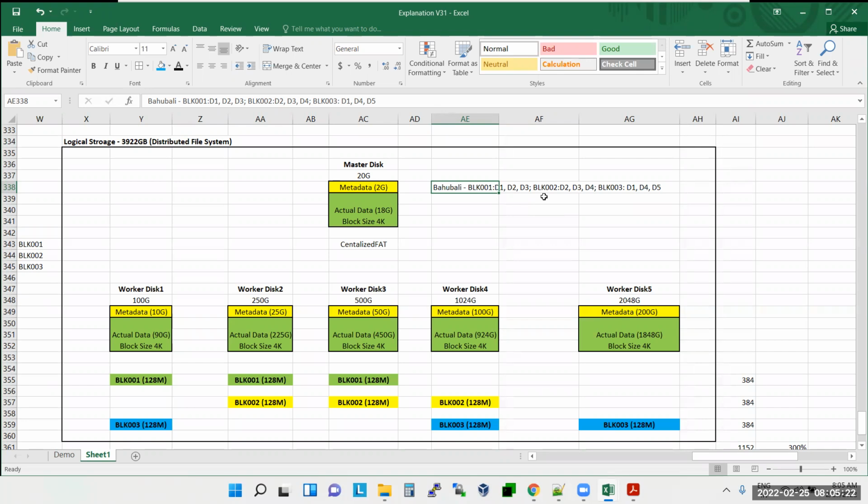On what basis will you select a person? Experience. Availability, sir. But what is the guarantee that the experienced person is free? Not necessarily. You should see the availability also, right?